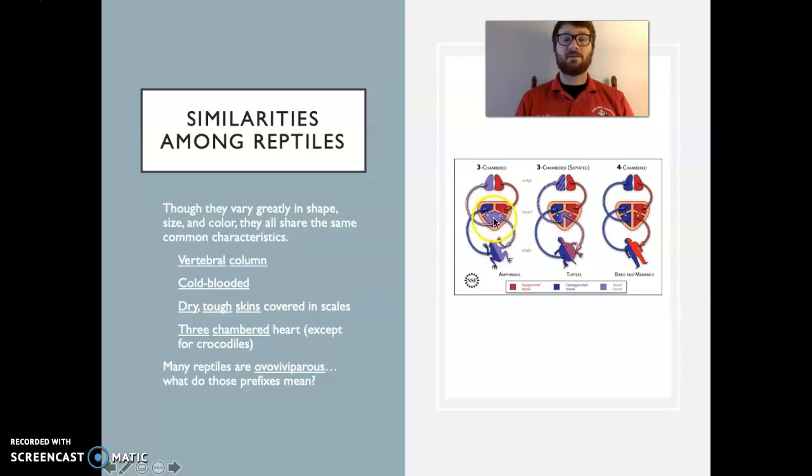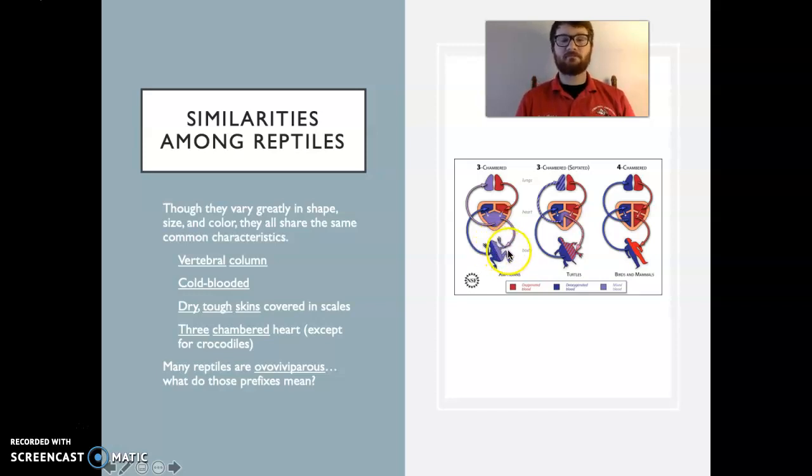oxygenated and deoxygenated blood. Now, that's not a very efficient means of distributing blood. You have deoxygenated blood coming from the body, which loops back around to the pulmonary arteries, which go to the lungs, which get oxygenated, and by the time oxygen gets back to the heart, it gets passed into this ventricle, whereby it goes back to the body only partially oxygenated.